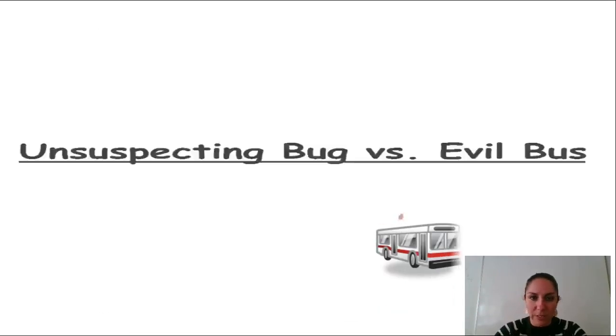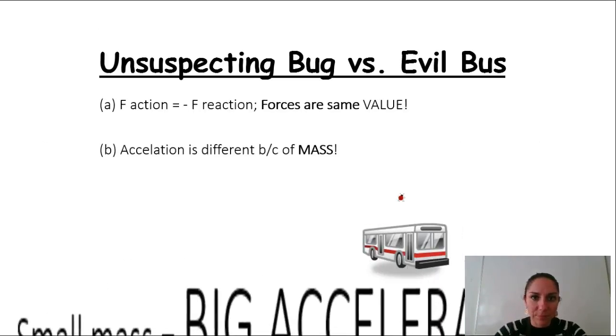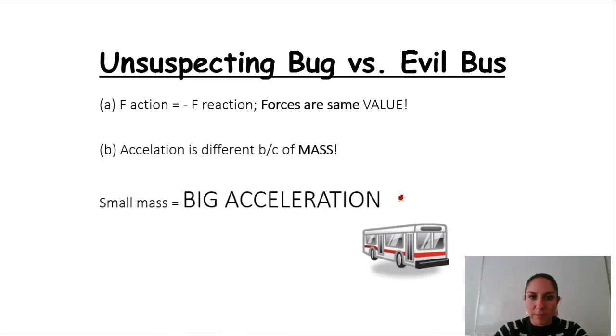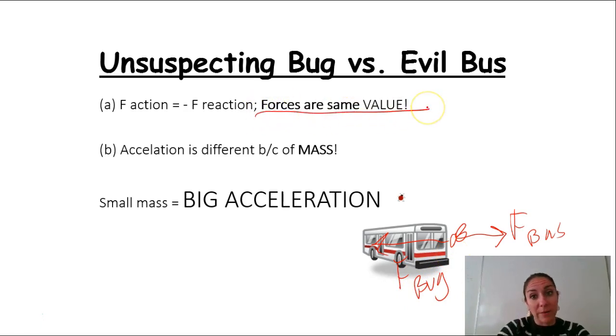To answer this question, even though we have this tiny little bug right here, the force that the bus pushes on the bug, according to Newton's law, is the same as the force the bug pushes on the bus. Those are the same values.